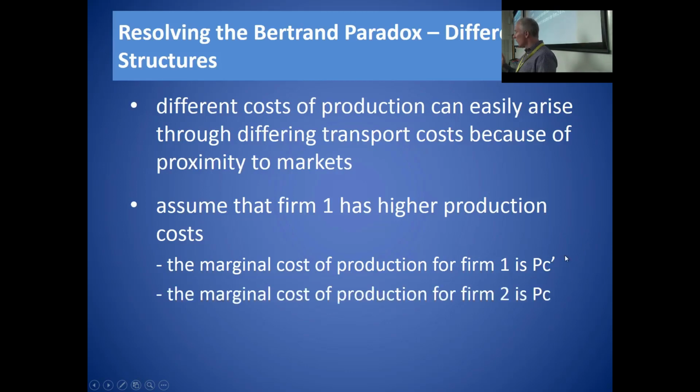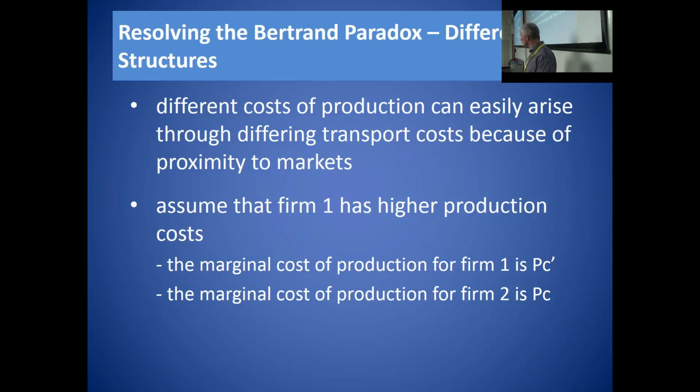Previously, we said that the marginal cost for both firms was constant and equal to just PC. We're now going to say firm 2 again has this exact same marginal cost of PC, but firm 1's marginal cost is slightly higher at PC prime. So that's the way that we're going to set it up.